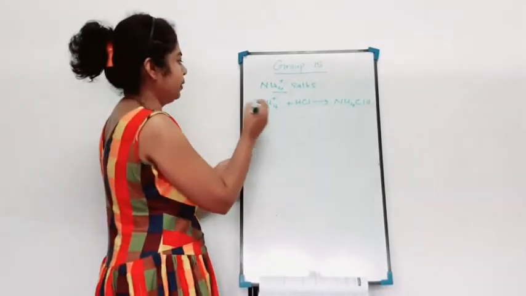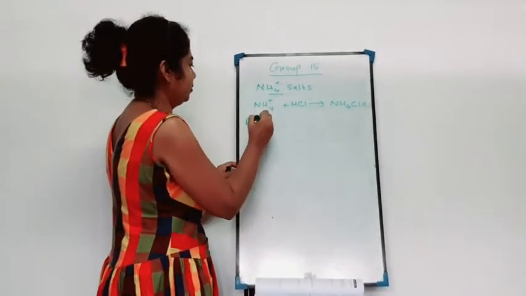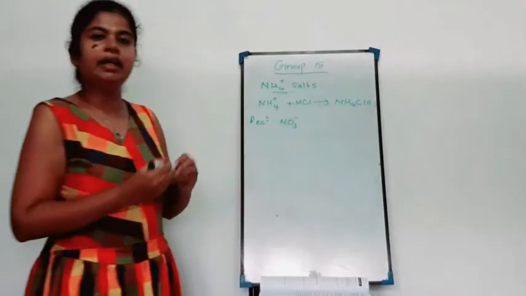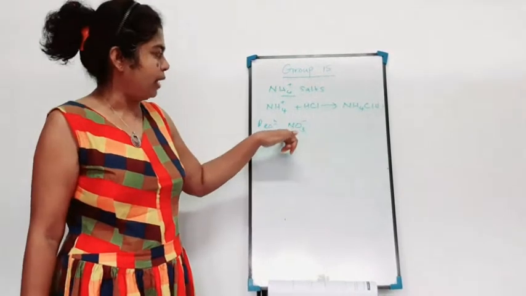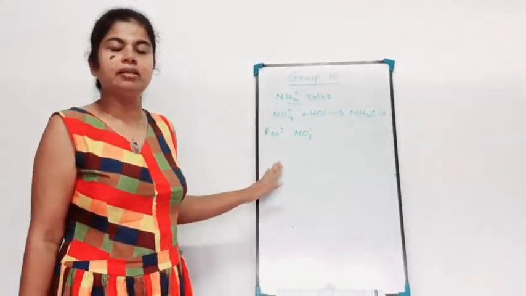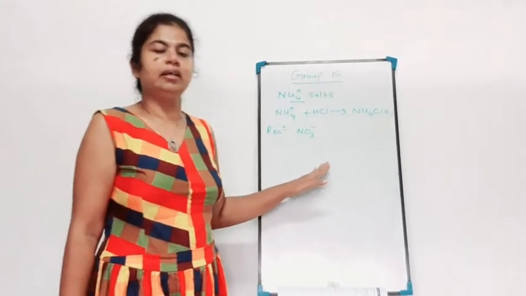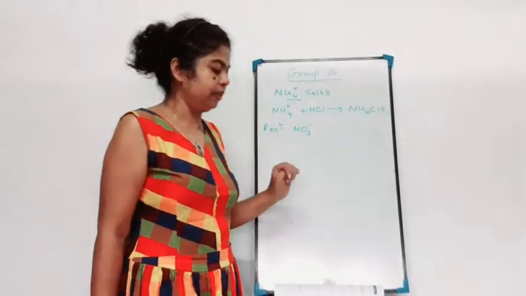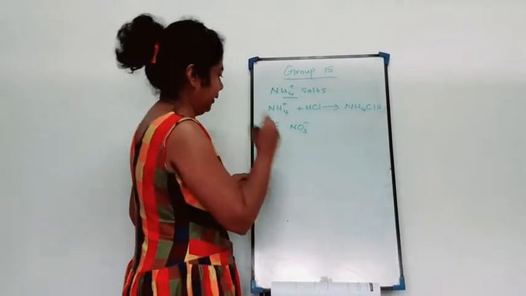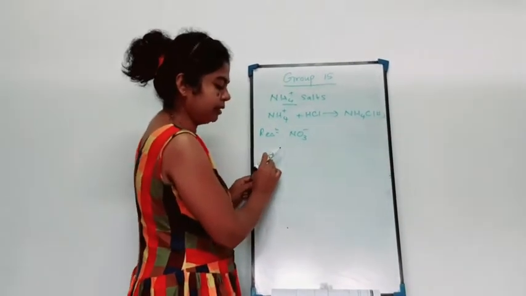The next one, reaction of nitrate, NO3 minus. We can identify nitrate ions using sulfuric acid and ferrous chloride, or a ferrous salt.